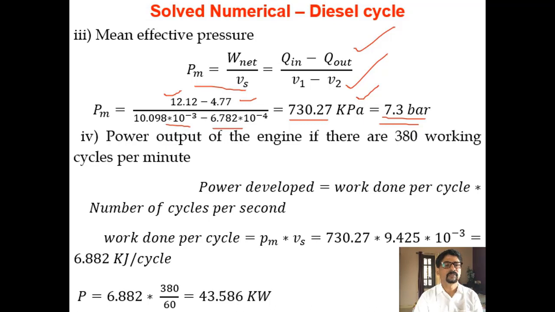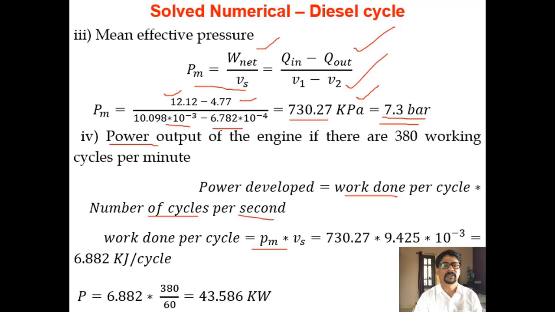Now let us come to the last answer, that is the power output of the engine if there are 380 working cycles per minute. You know that power developed is equal to work done per cycle into number of cycles per second. Be careful here, it should be per second. Work done per cycle is equal to PM into Vs, from this expression.